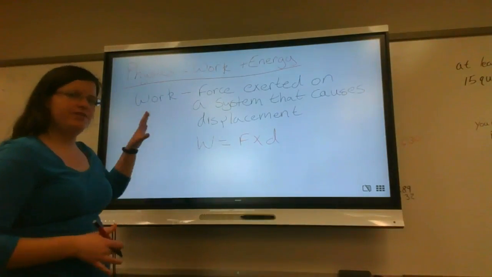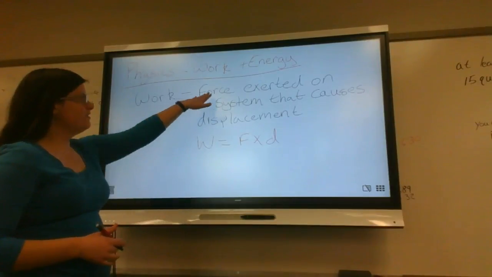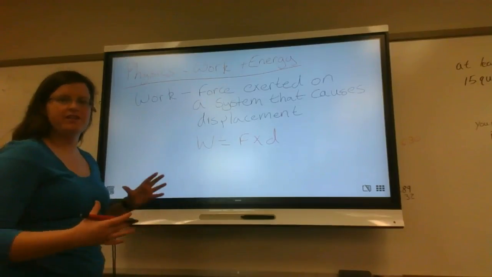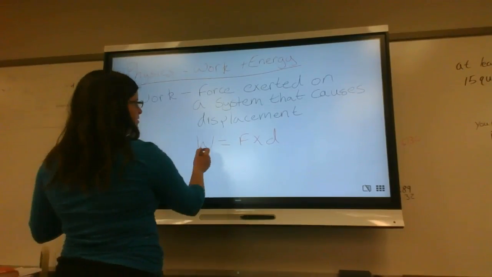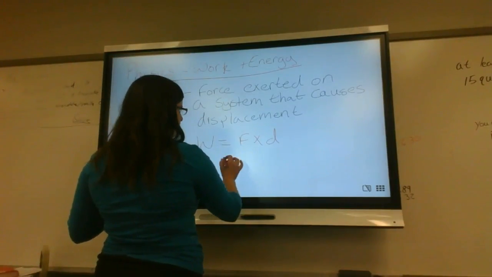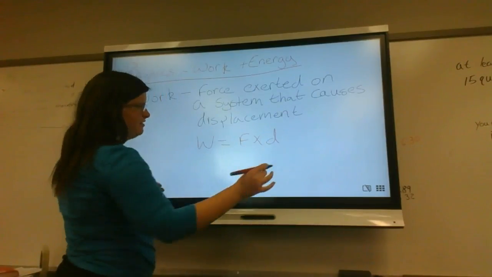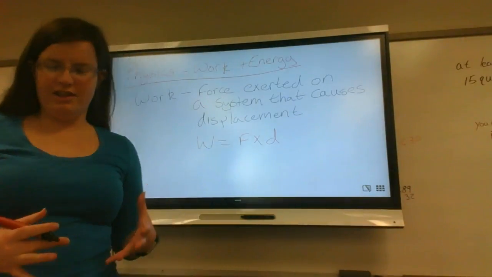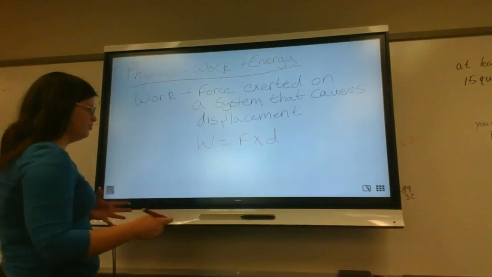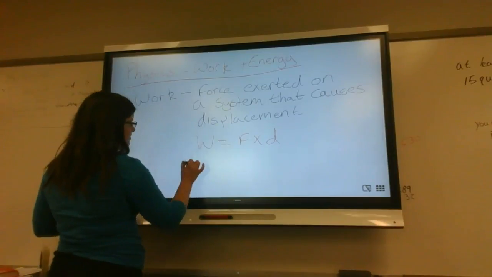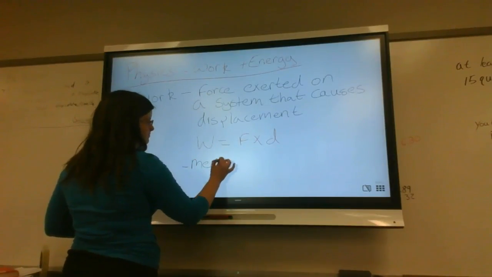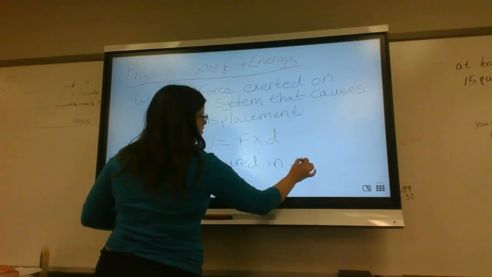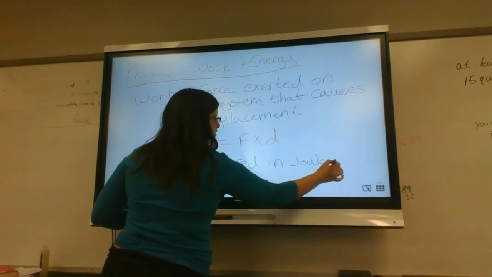And this works with this definition, in that it's a force exerted over some displacement. So how far an object travels, the distance. So work equals force times distance. And work is going to be measured in joules.